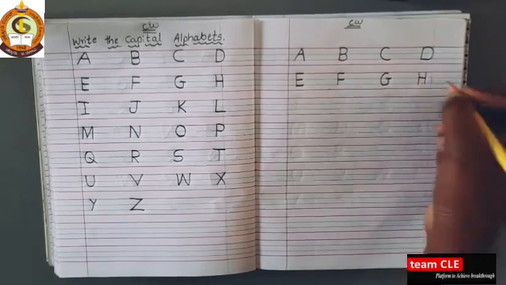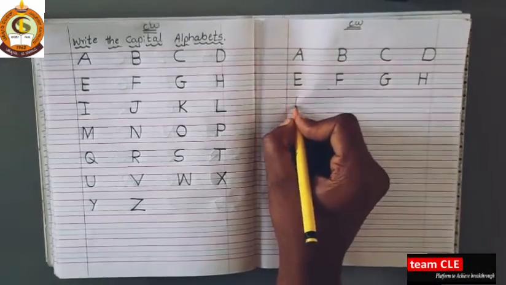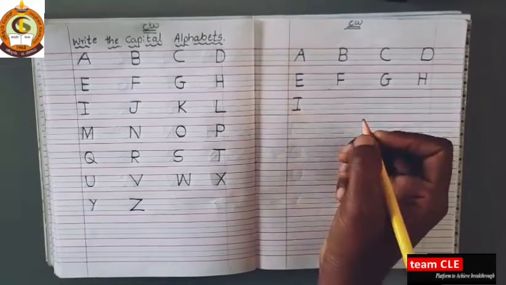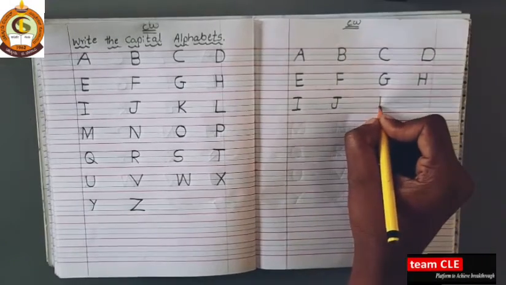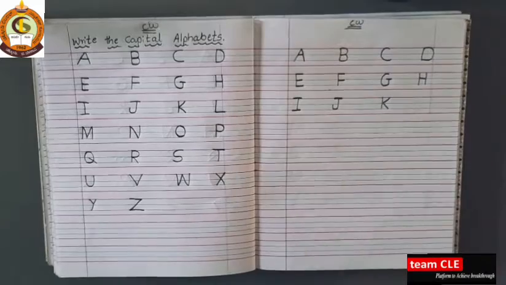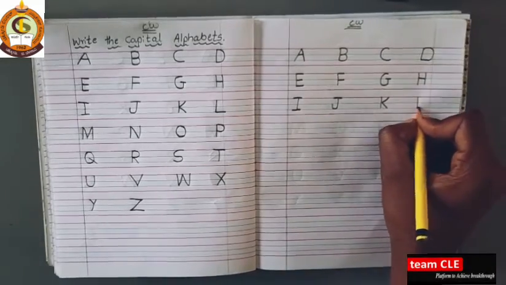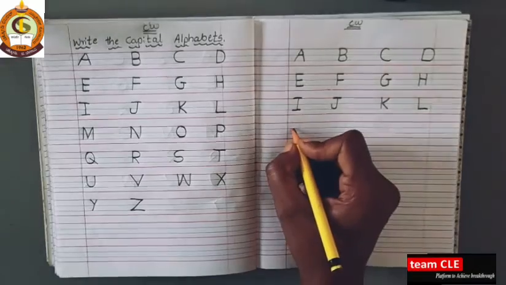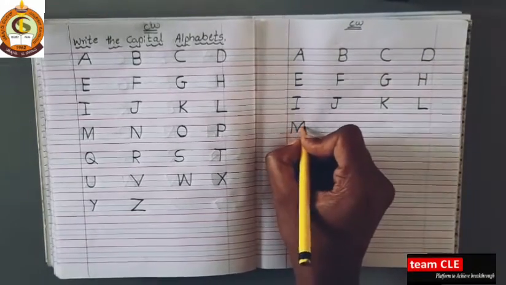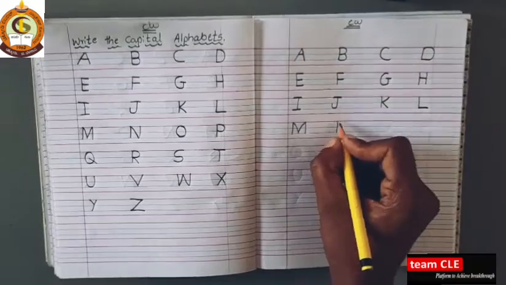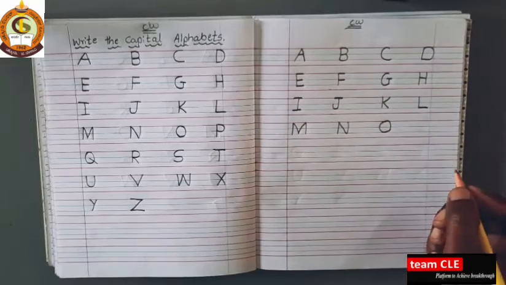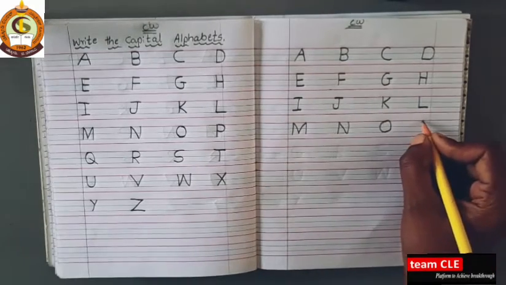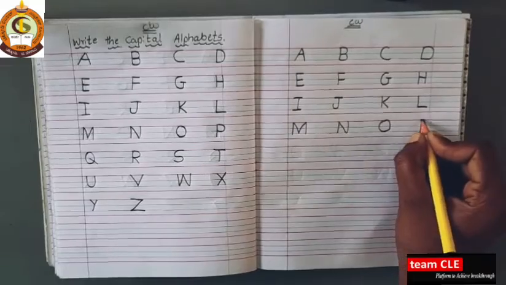H for hen. I for ice cream. J for jug. K for kite. L for lion. M for monkey. N for nest. O for orange. P for parrot.